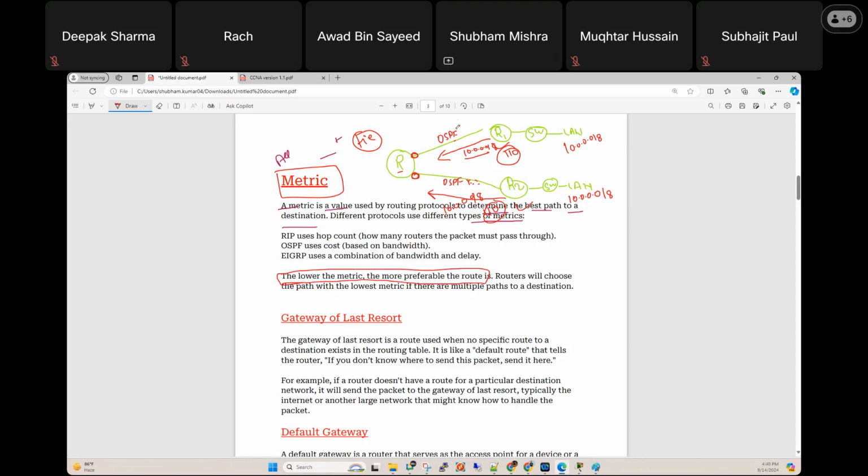For example, this router is sending the 10th network information to this router with a metric of 32,000. And this router is sharing it with a metric of 40,000.